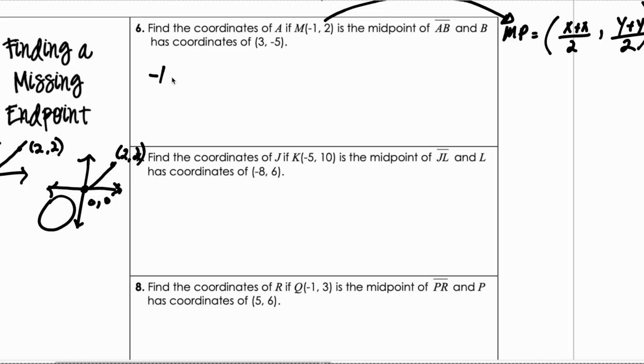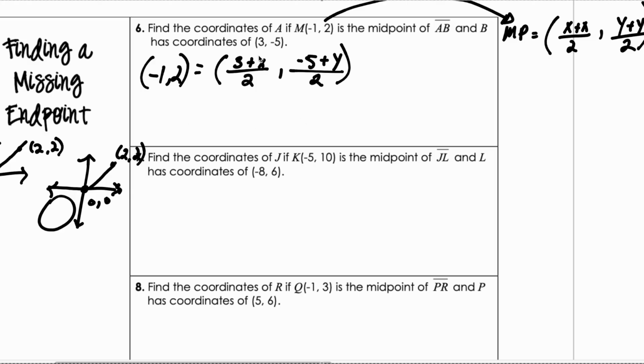The midpoint is -1, comma 2. Our x, the average of our x's is going to be 3 plus x over 2. We have that 3, remember, from right here. And then the average of our y's is going to be -5 plus y all divided by 2.